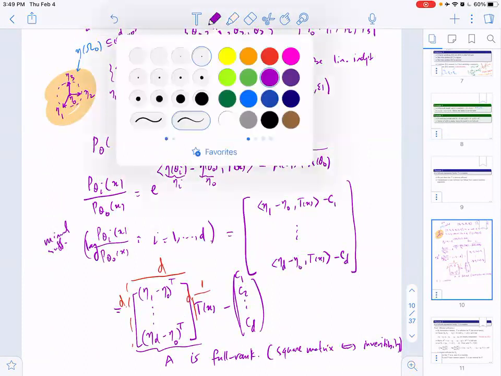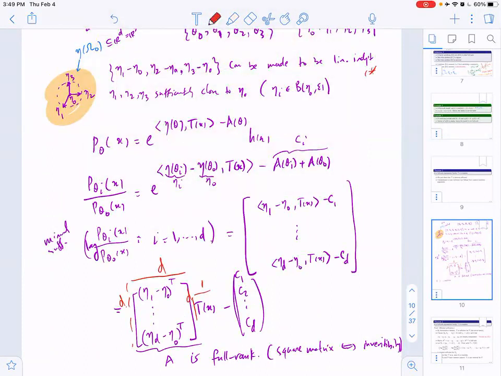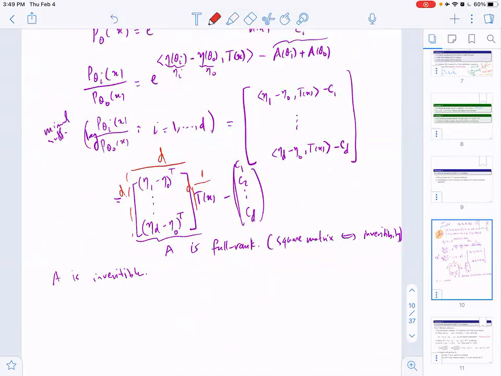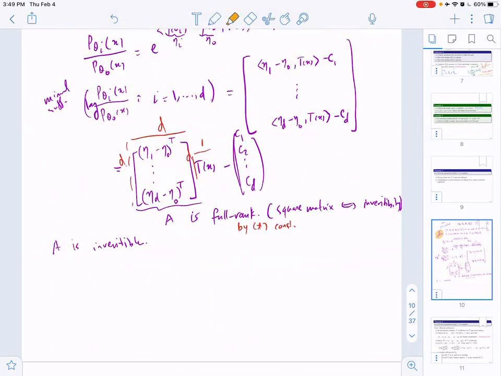Let's say this was a star. By star construction, what is the significance of this? A is invertible. What can we conclude? We can write T as a function of the minimal sufficient statistic, which means T is also minimal.